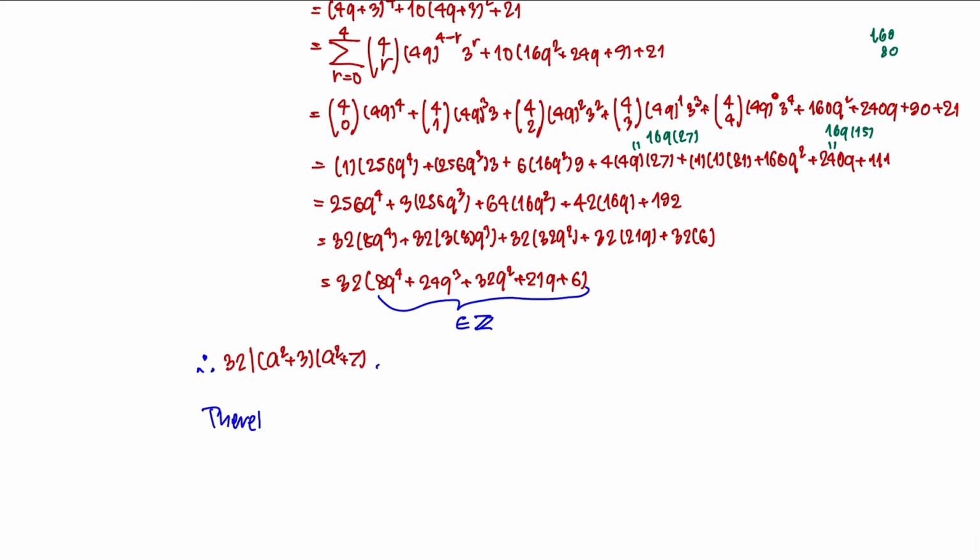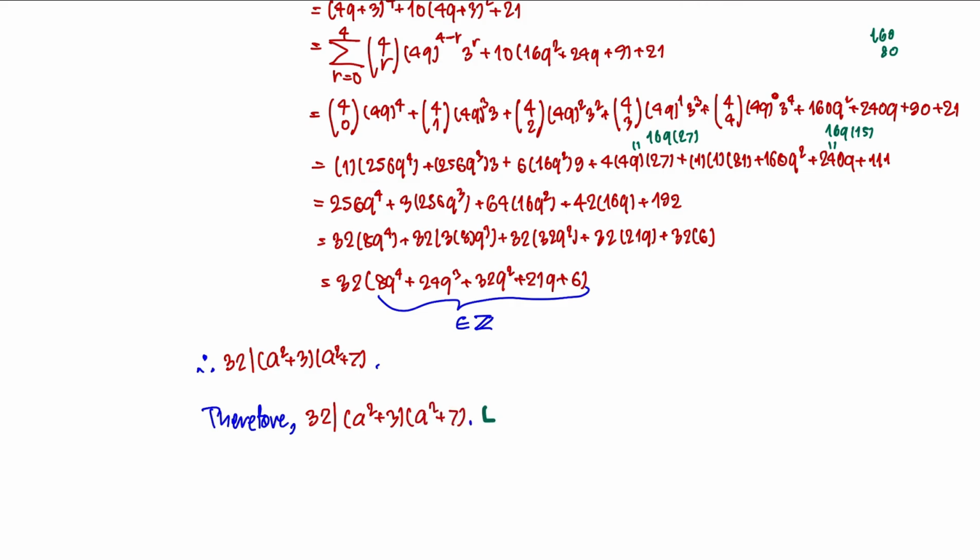Therefore, we have shown that 32 divides (a² + 3) multiplied by (a² + 7).